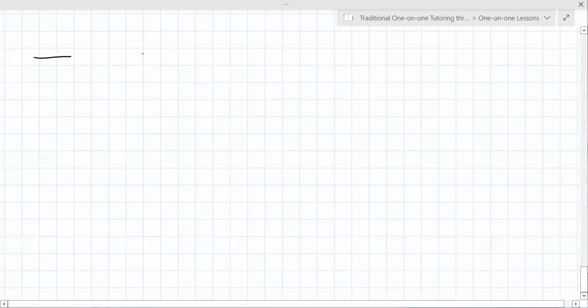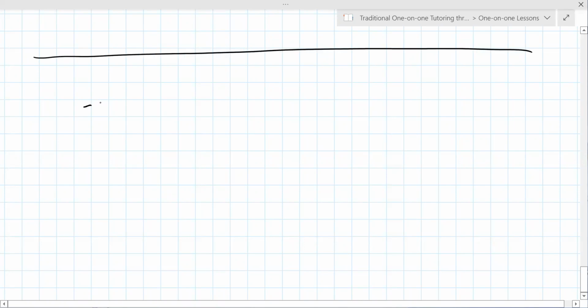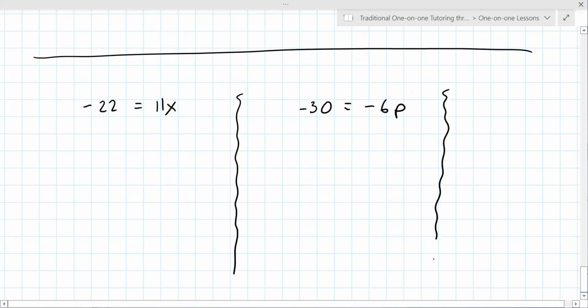Okay. So let's have you try a couple of problems here. Let's go negative 22 equals 11x. Let's go negative 30 equals negative 6p. And then x plus 8 equals negative 10.